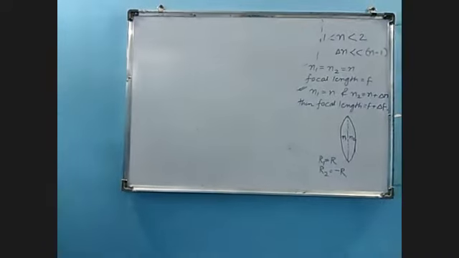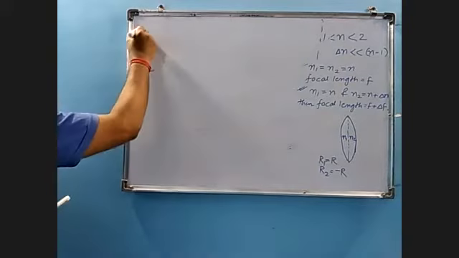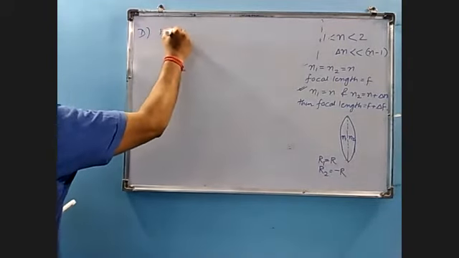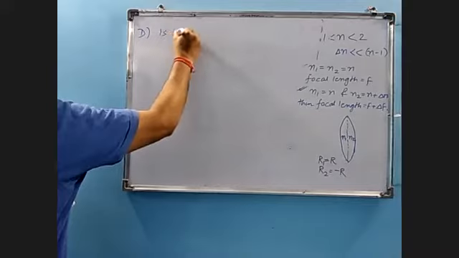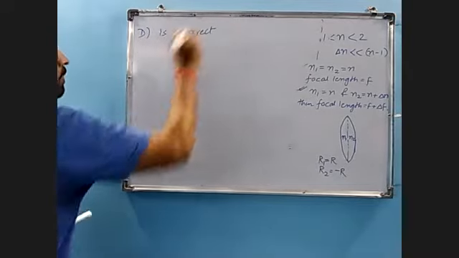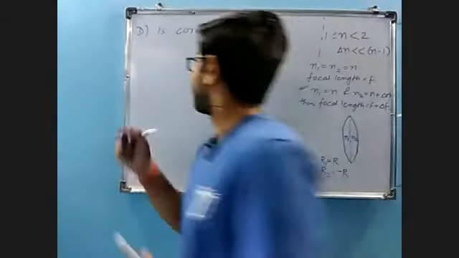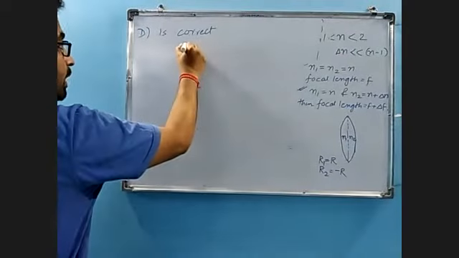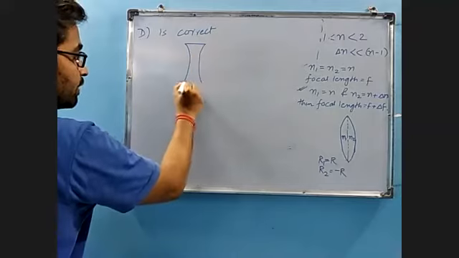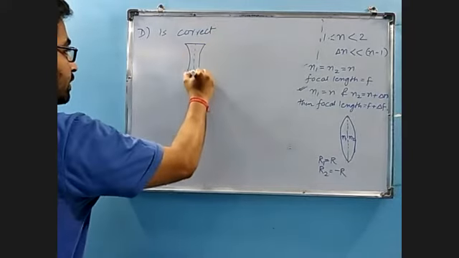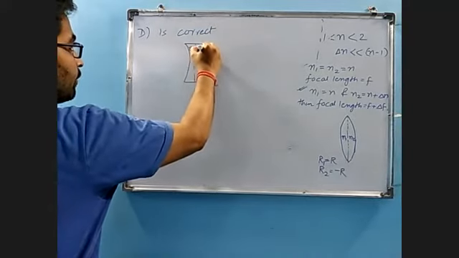Now the last part is correct. The D part is correct because what it says is, if you replace the convex surfaces with concave ones of the same radius of curvature, so now the condition is this one, n1 and n2.